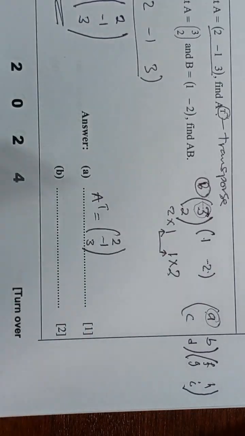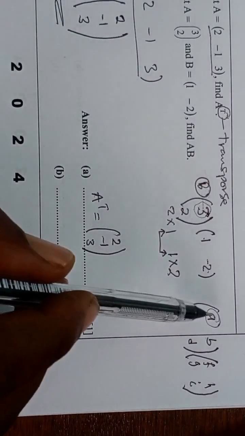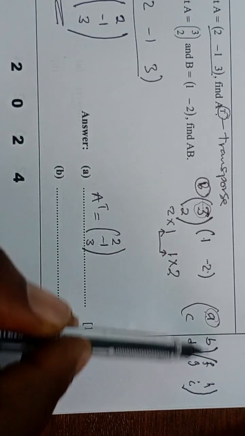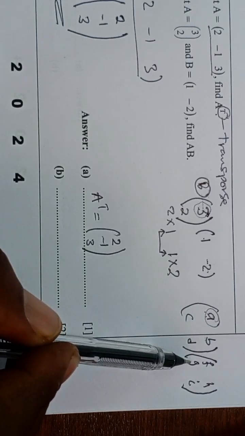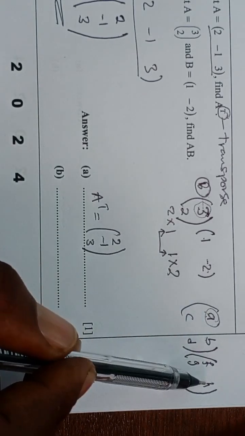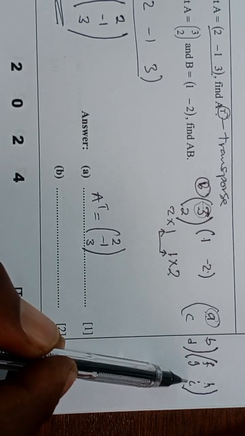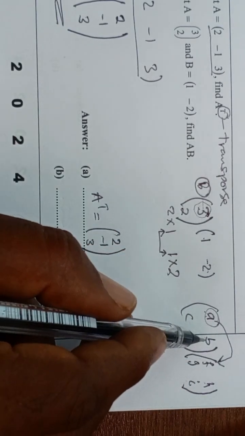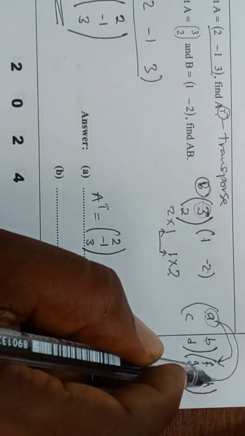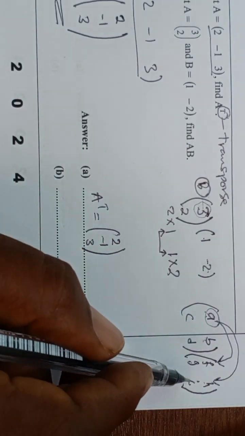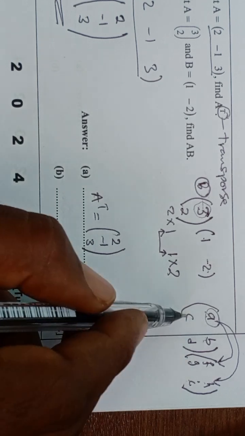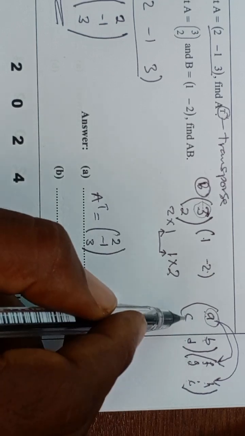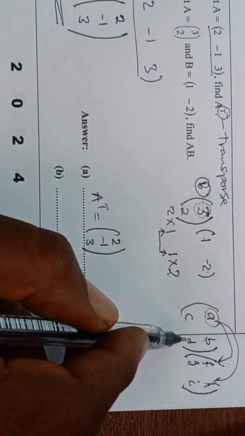So when you are multiplying, you multiply row by column, where you say a times f plus b times g, then again, a times h plus b times i. Then c times f plus d times g, c times h plus d times i.